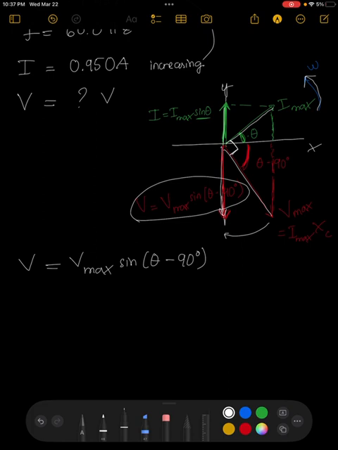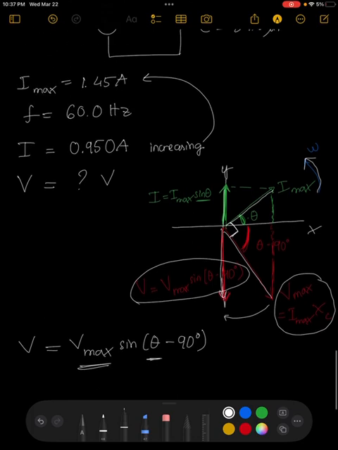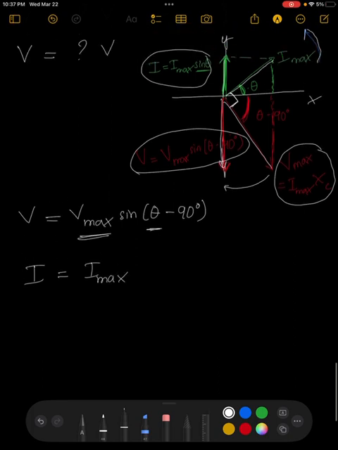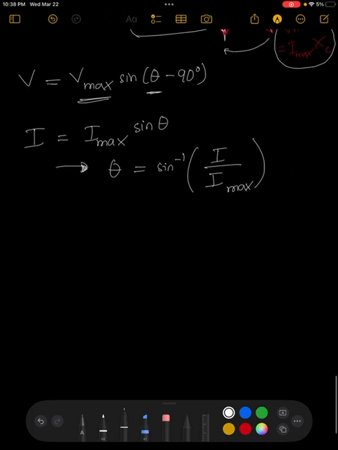Knowing that Vmax can be found with this formula, right? We don't have the angle, so we have to find the angle. To find the angle, we can use this: I equals Imax sine theta. Therefore, the angle is the inverse sine of I divided by Imax.